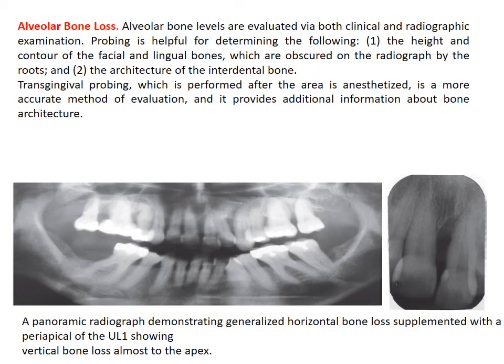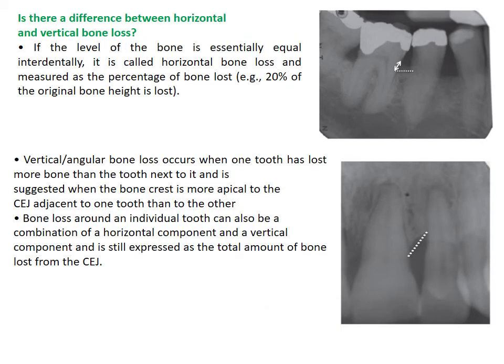This is by radiograph: angular bone resorption between the two central incisors. Horizontal bone resorption mainly appears in chronic periodontitis. Angular bone resorption mainly appears in aggressive periodontitis. Why?